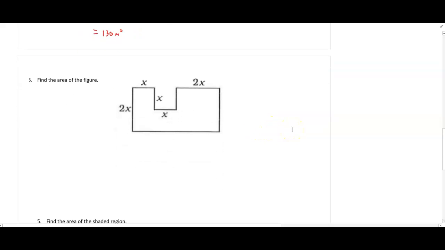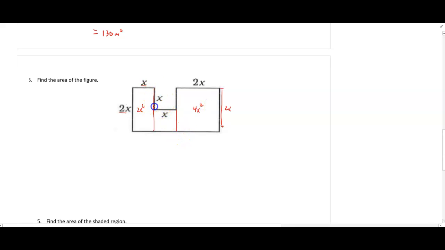Next one, find the area of the figure. Now, what I like to do is break this up into different pieces. So I'm going to find the area of this rectangle by multiplying these together. What is 2x times x going to give me? 2x squared. Over here, if this is 2x, then this is 2x. This gives you 4x squared.